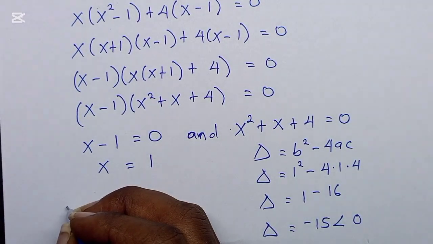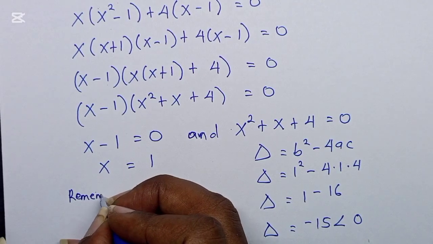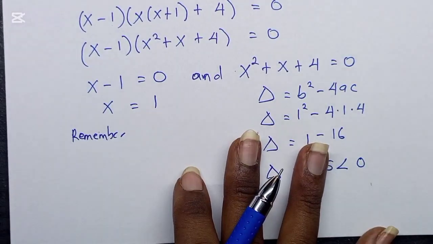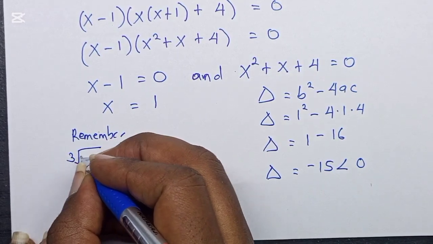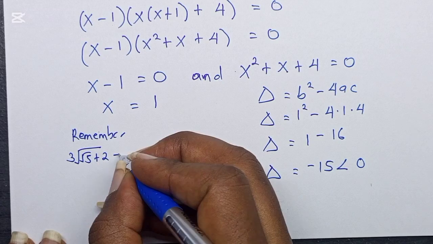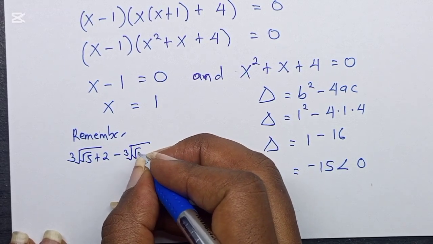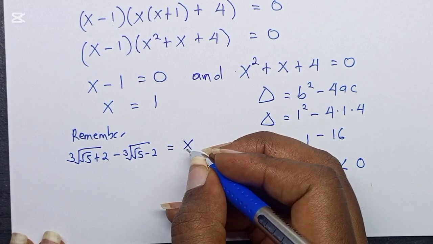But remember, the cube root of root 5 plus 2 minus the cube root of root 5 minus 2 was equal to x.